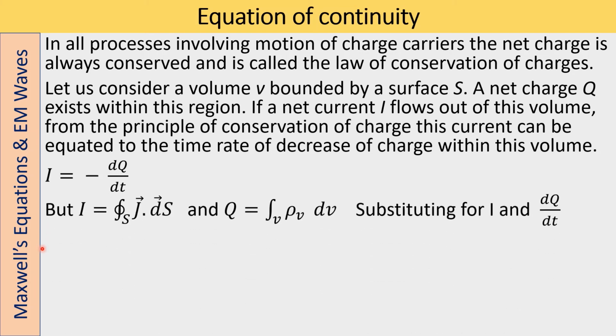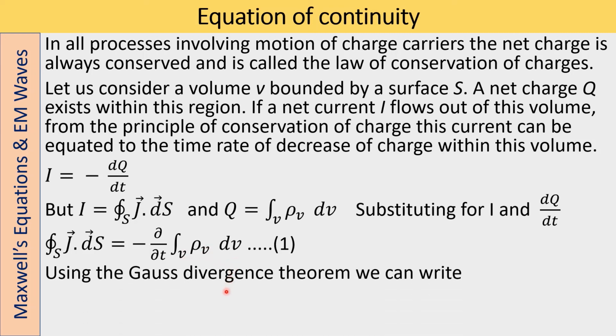But the current I is equal to the surface integral of J dot ds, where J is the current density, and total charge Q is equal to volume integral of rho v dv, where rho v is the charge density. So substituting for I and dq by dt, we will get surface integral J dot ds is equal to minus del by del t volume integral of rho v dv. That is equation 1.